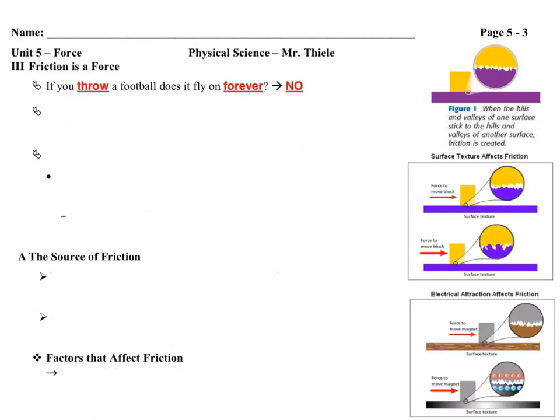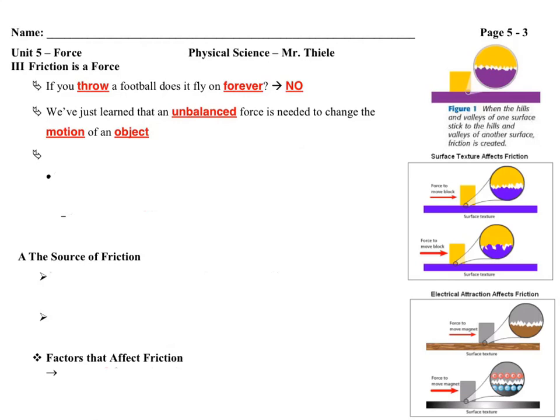So what did we just learn? What is needed to change the motion of an object? We just learned an unbalanced force is needed to change the motion of an object. So let's say you throw a football and someone catches it, what force is stopping the football?